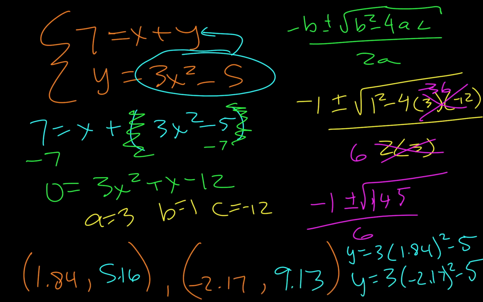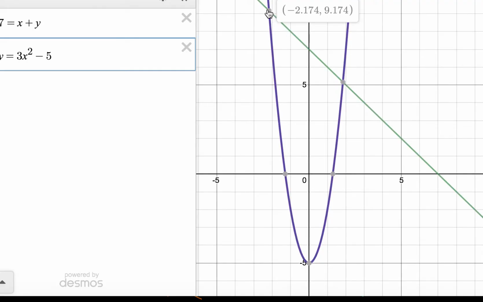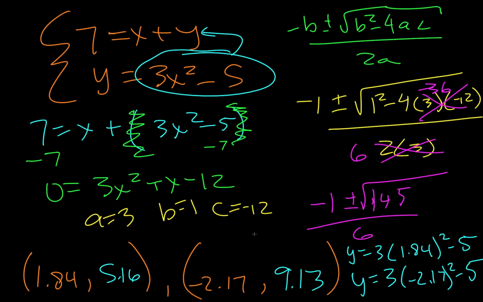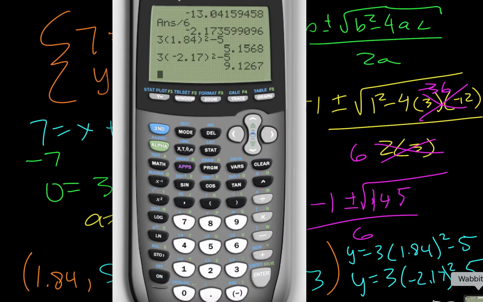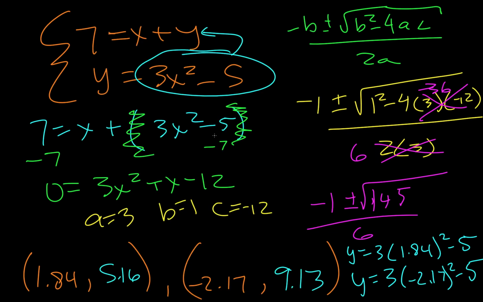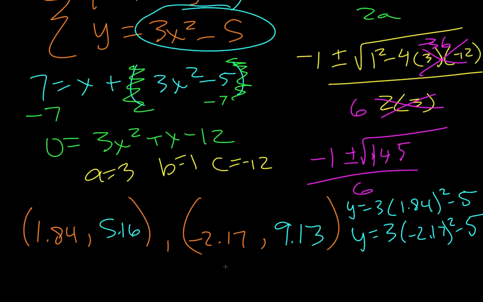Hold on. 2.174. 9 point. Yeah. So those are close. It looks like there's a little bit of a rounding issue with this one, but it's because I rounded them too early over here. But you can see that we get essentially the same thing.